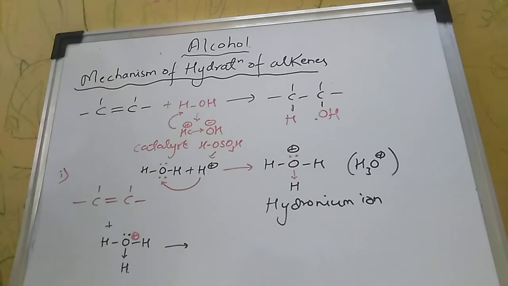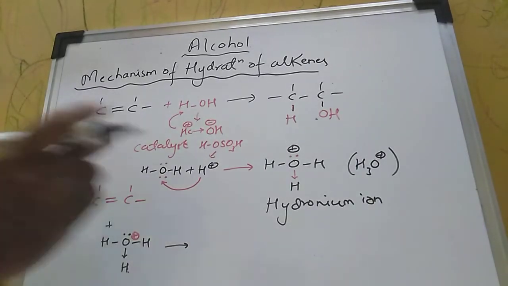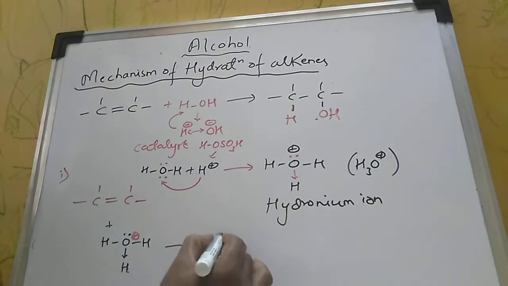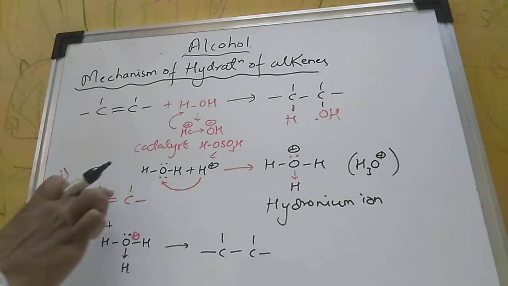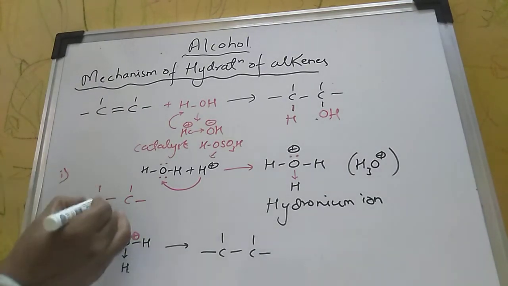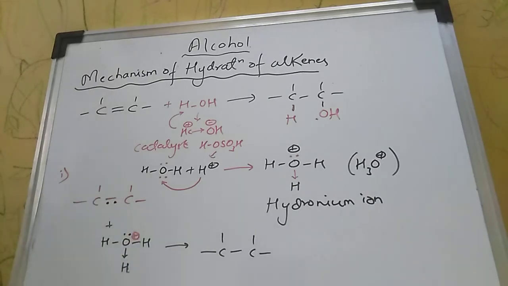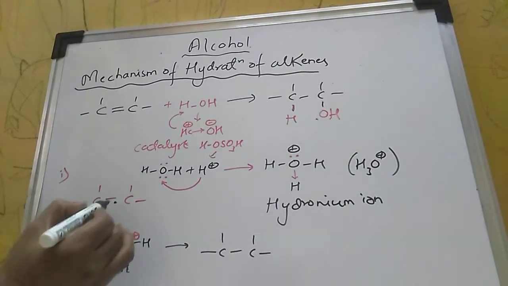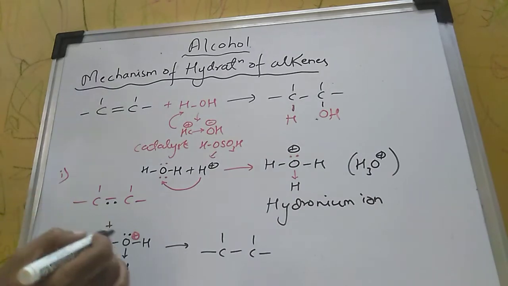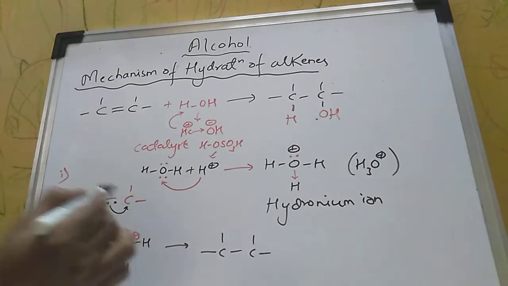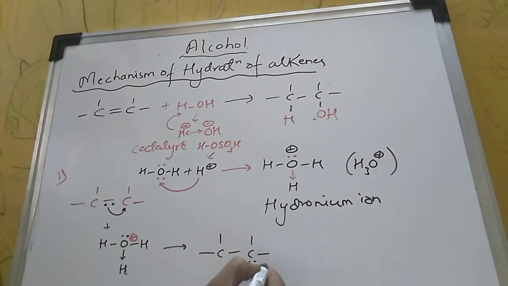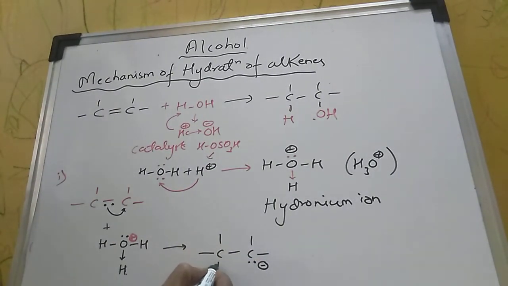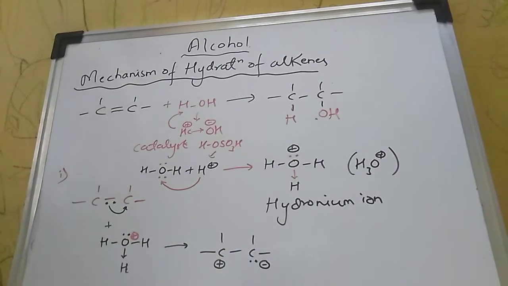Here, the valencies of carbon open up in such a manner that the electrons present over here will shift onto one particular carbon. So with shifting over here, this carbon gets a negative charge, this remains vacant, it gets a positive charge.